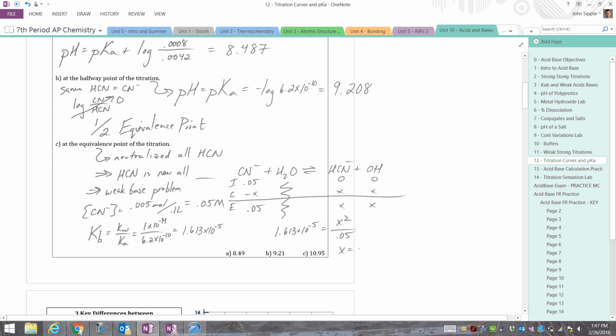All right, because X is going to be equal to our concentration of OH. So I got it equal to 8.98 times 10 to the minus 4.